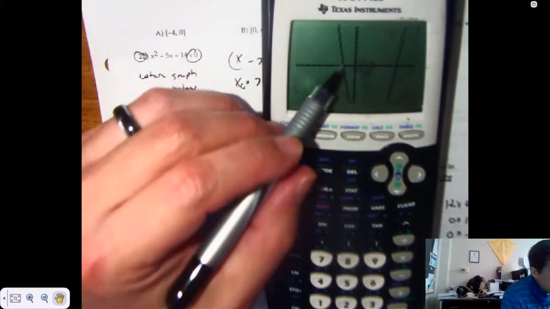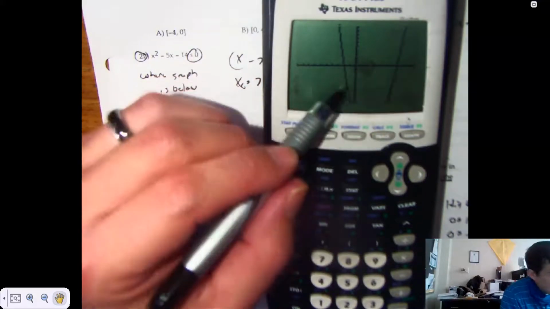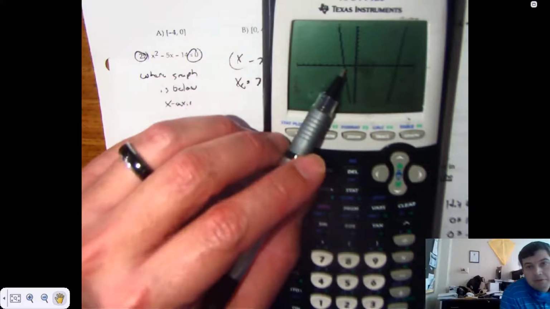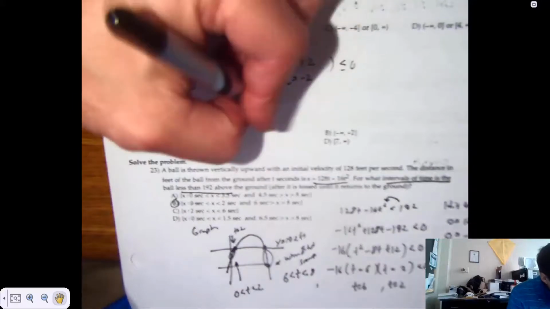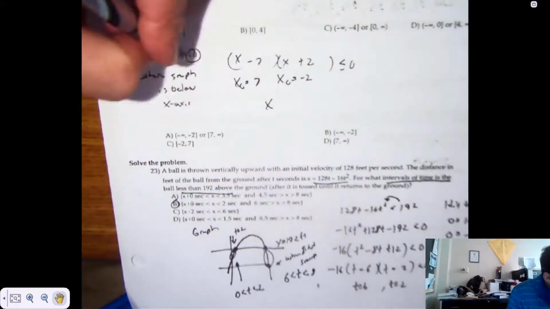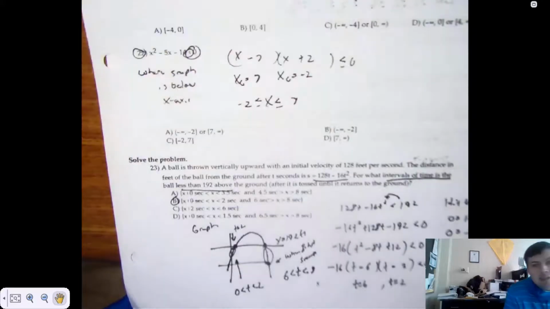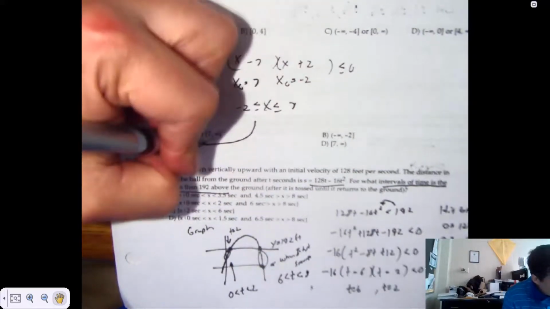The x-axis is below the graph, the x-axis from here to here. From there to there. So between that negative 2 and that 7. So I know that x is trapped in between. You get to use the equality symbols, negative 2 and 7. Of course, the answer choices is in interval form. That's that notation as an interval.